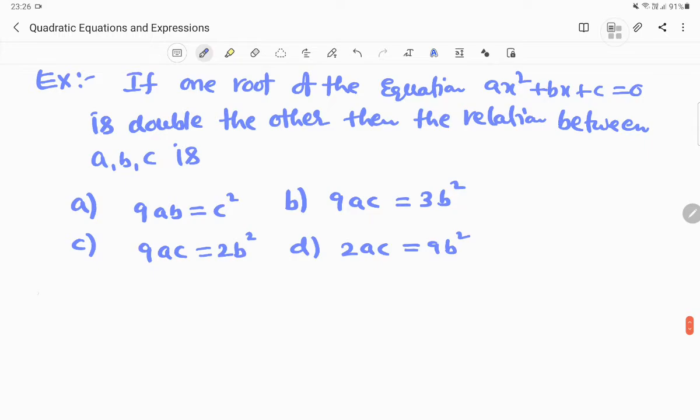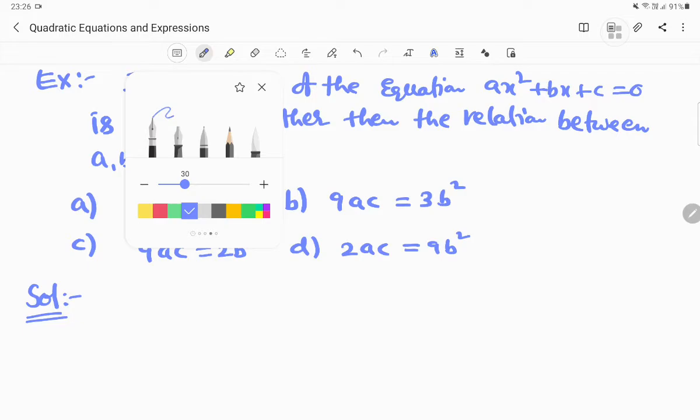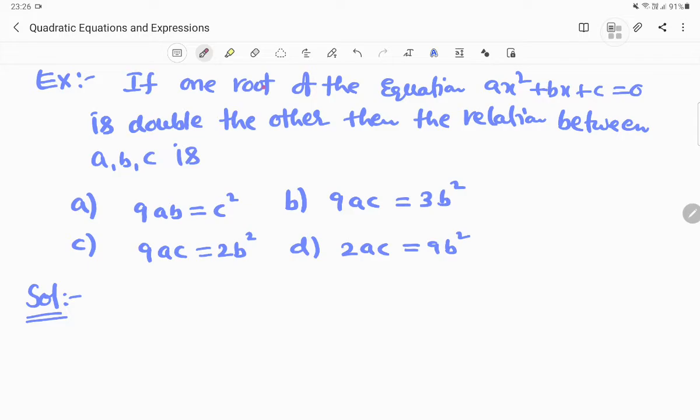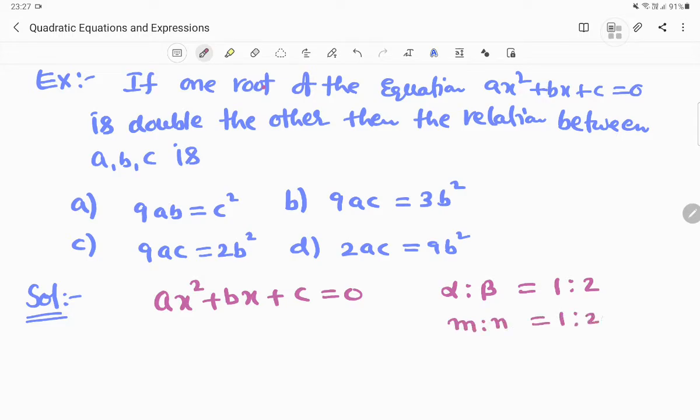Here the given quadratic equation is ax square plus bx plus c. The roots are in the ratio, one root is double the other root. So alpha is to beta. One root is double its root means 1 is to 2. So that means m is to n, that is equal to 1 is to 2.